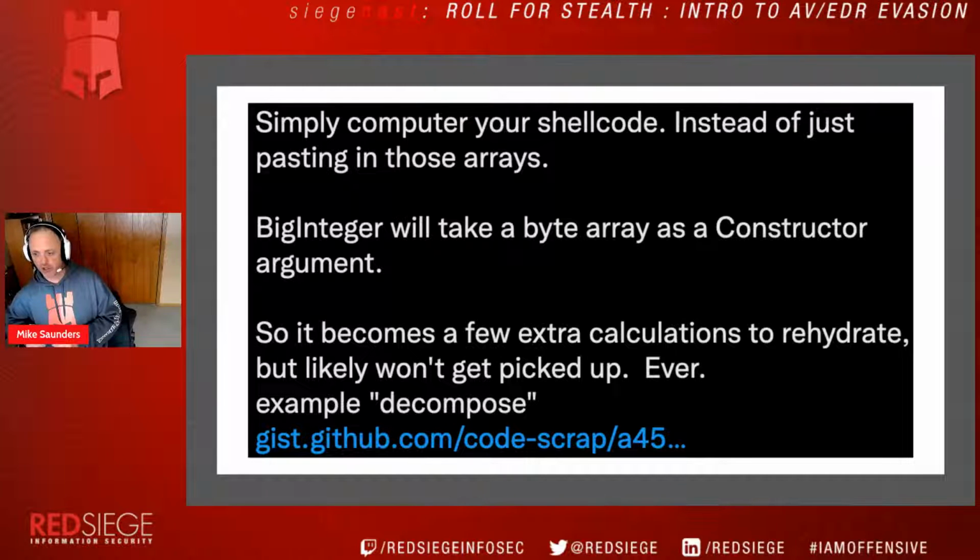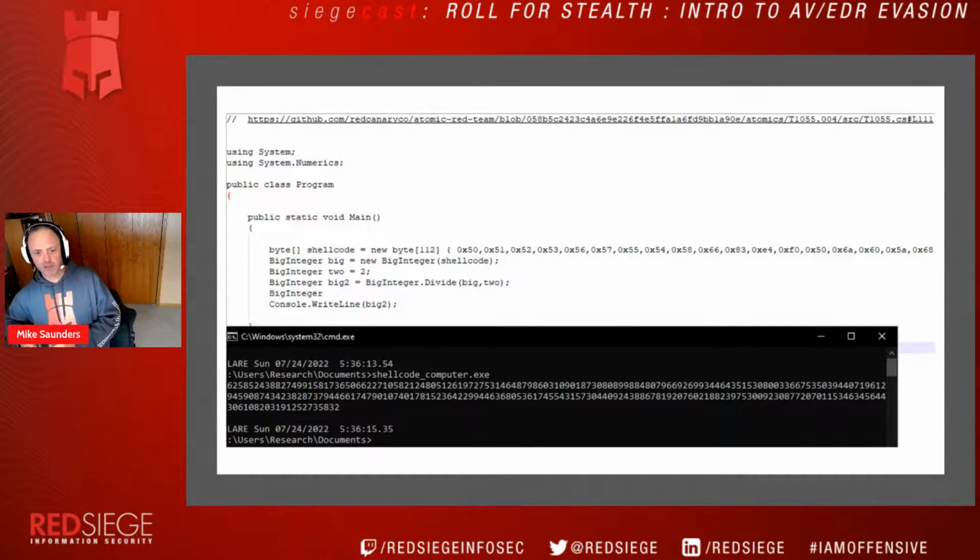And what is our shellcode other than a byte array? So big integer could take shellcode as a constructor argument. It would look something similar to this, but there's some steps to convert that back from a big integer into a manner we could use. But that might be something that you could use to bypass detections.